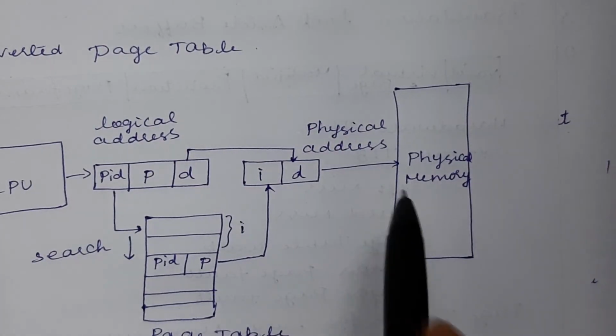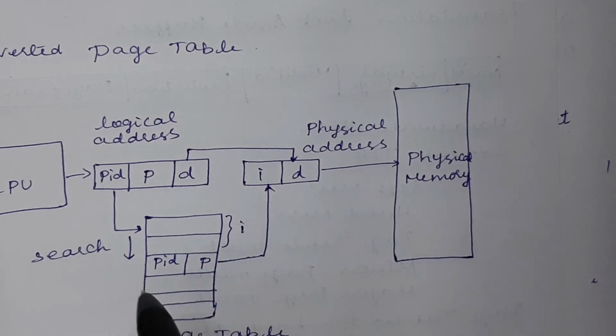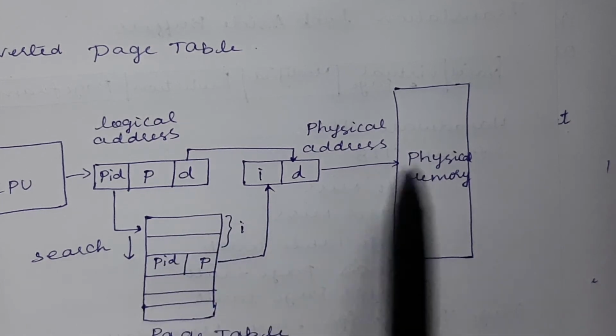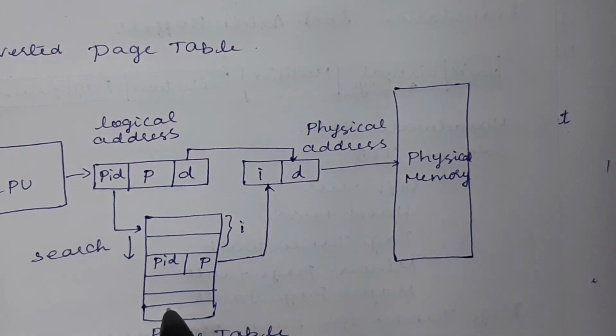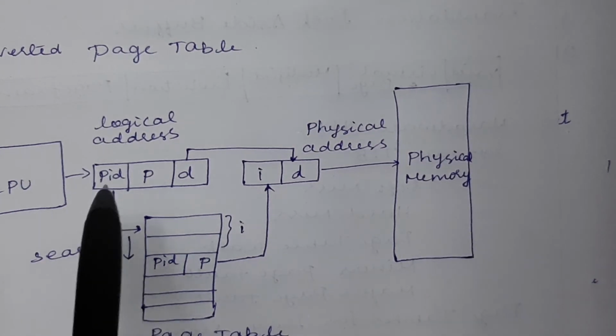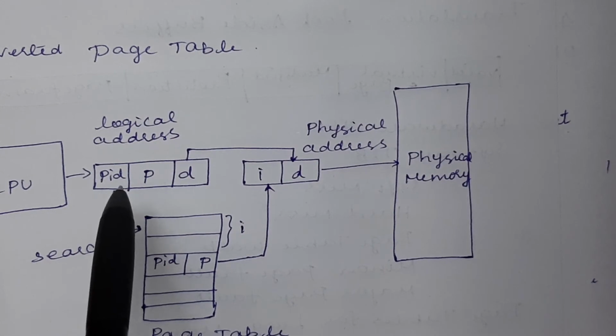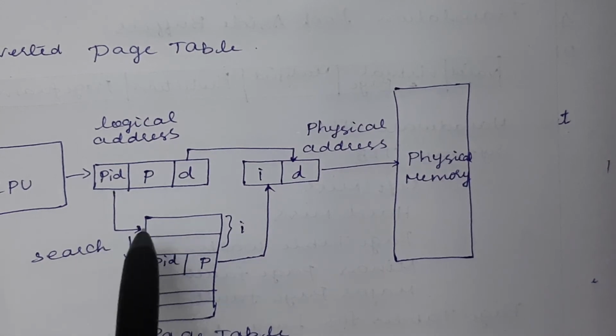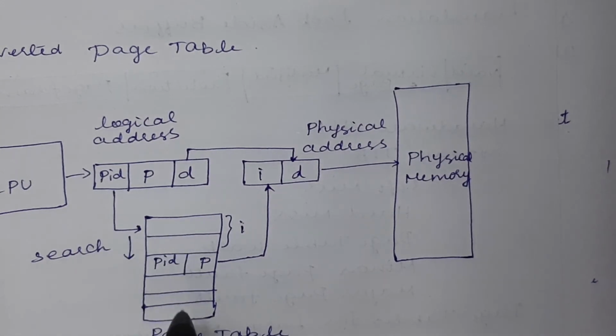Whatever processes we have in the physical memory, the same set of processes will be available here, following the same arrangement. So for the logical address we provide, we need to search the entire set of entries in the page table. In some cases, if it is at the last entry, we need to search each and every entry separately. So here the access time will be more.